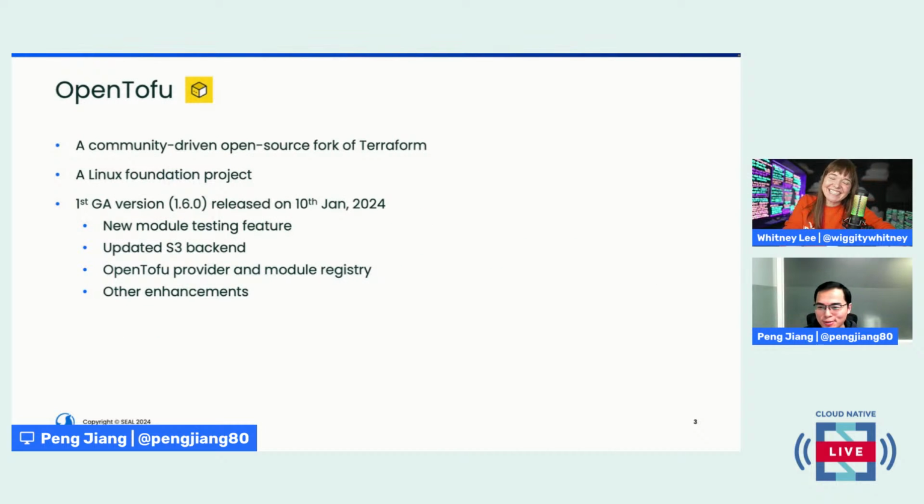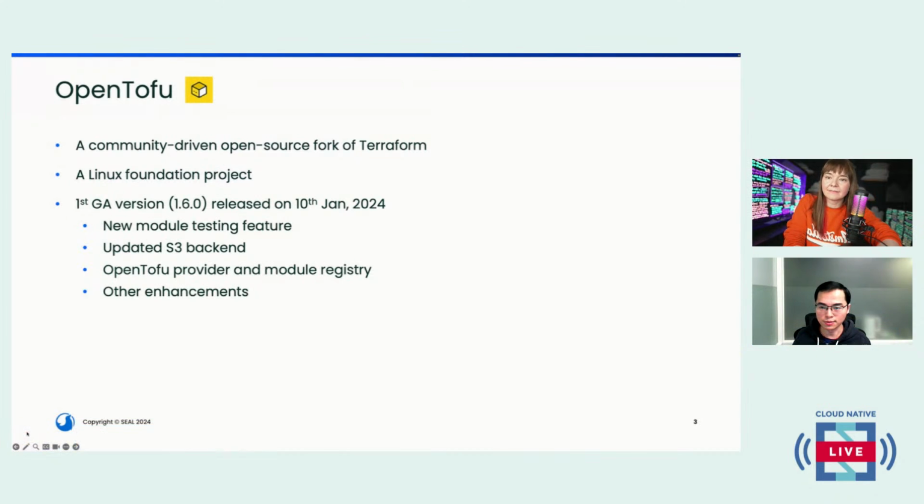About OpenTofu, I think most of you should already know it, but I will use one slide to quickly introduce it. OpenTofu is a community-driven open source fork of Terraform since HashiCorp changed their Terraform license last year. Now OpenTofu is a Linux Foundation project, and the first GA version, 1.6.0, was released this month, on January 10th this year.